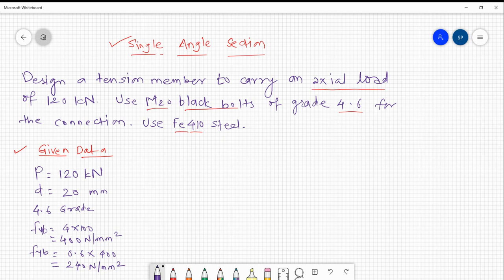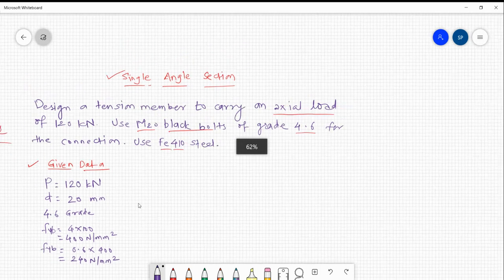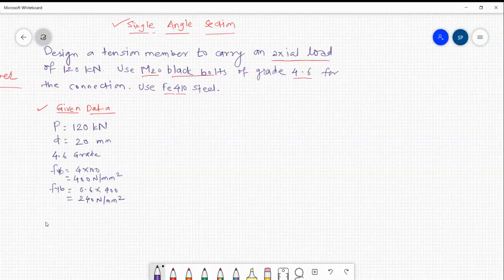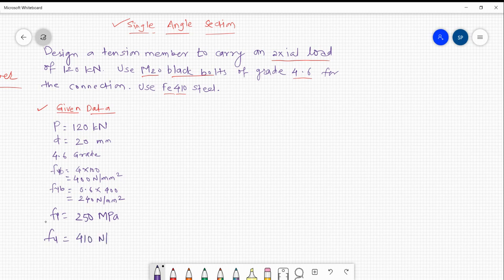Apart from this, grade of steel is also defined, so that we can mention here. From 410 grade of steel, yield stress will be 250 MPa and ultimate stress will be 410 MPa or Newton per mm square.